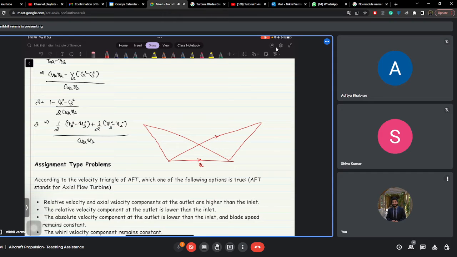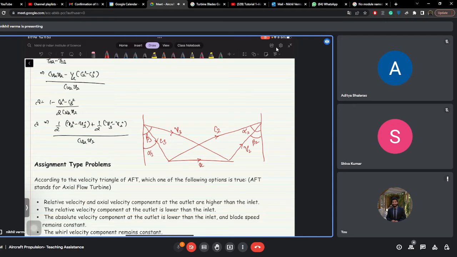This is your C1, this is your C2, this is your V2, and this is your alpha 2, this is your beta 2. And this is your C3, this is your V3, this is your beta 3, and this is your alpha 3.